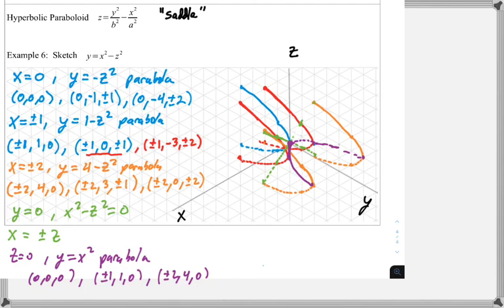Now, if we clean this up a little bit, maybe we can try to make it look a little bit more like a saddle, because we are drawing stuff that we wouldn't see from our perspective. Maybe put another part of the saddle in.